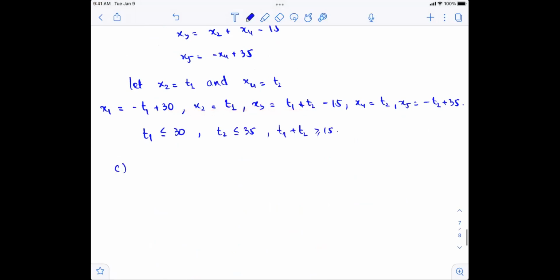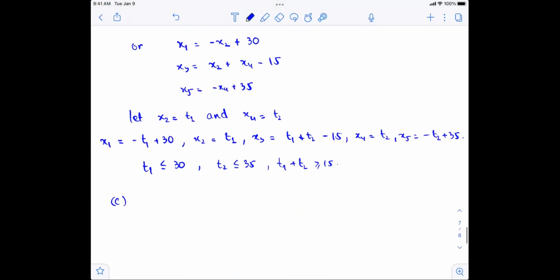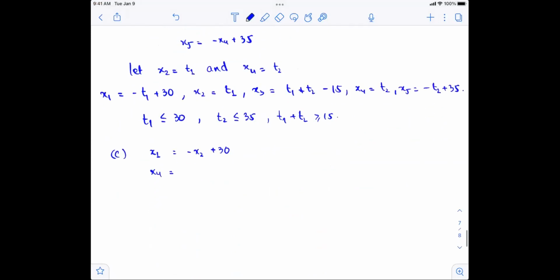All right, so part C. What we do is we're going to solve x1 in terms of x2. You have x1 equal to negative x2 plus 30. And x4 can be solved in terms of x2 and x3, so negative x2 plus x3 plus 15.